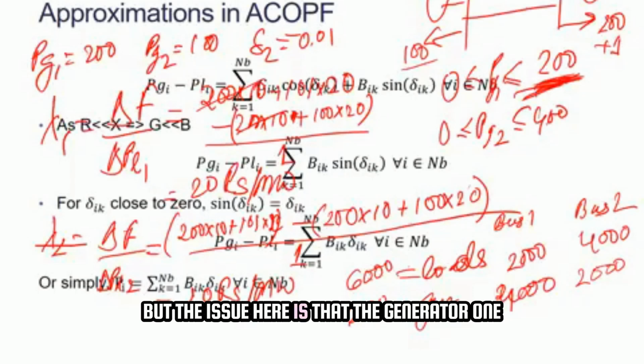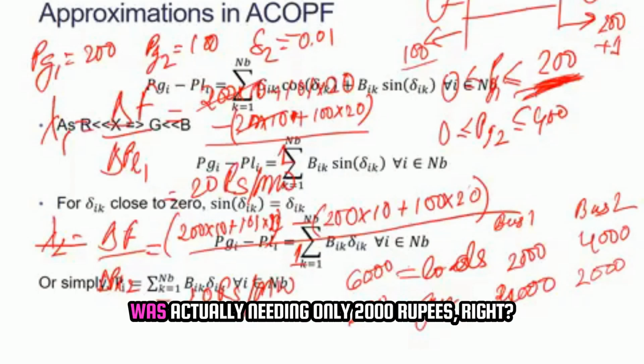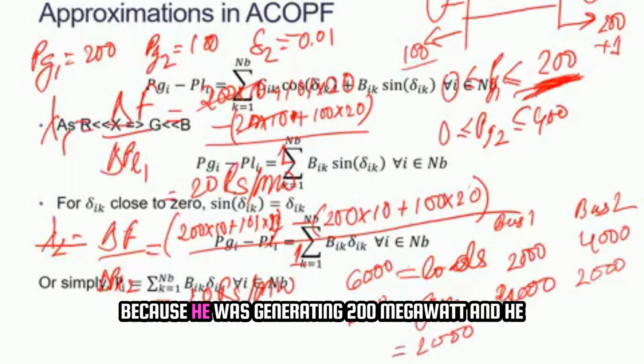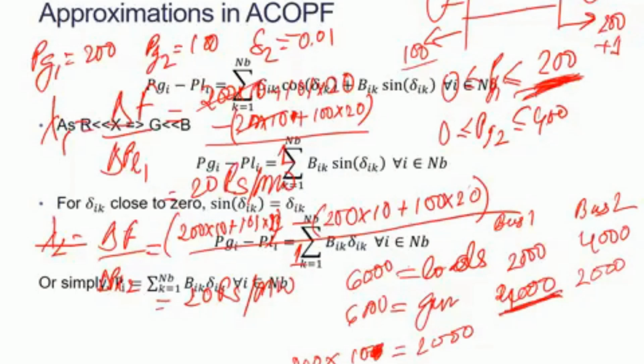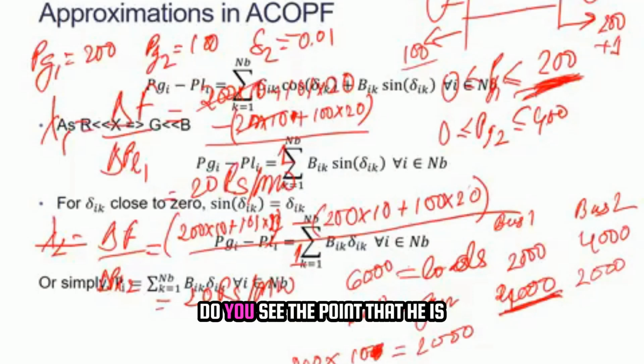But the issue is that generator 1 actually needed only 2000 rupees, because he was generating 200 megawatt and wanted just 10 rupees per megawatt. But here he is getting a profit of 2000 rupees. Do you see the point?